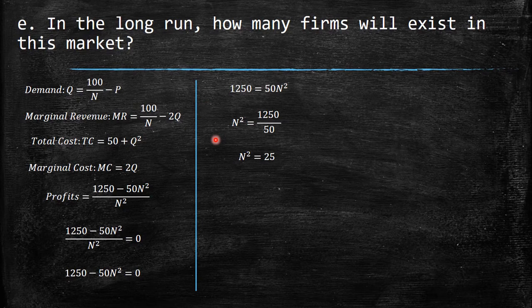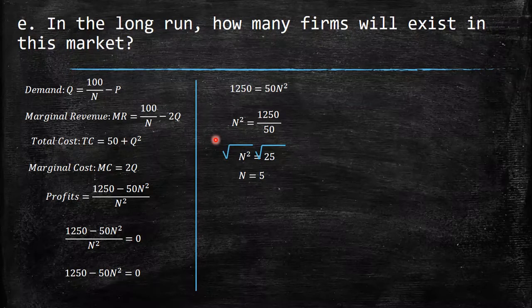Then you should use the square root on the left part, but if you use it on the left part, you should use it on the right part, and then you take the positive value of n, because you cannot take negative terms. This square root naturally has two solutions, minus 5 and 5, and you will take the positive one. So the firms that will exist in this market should be 5.